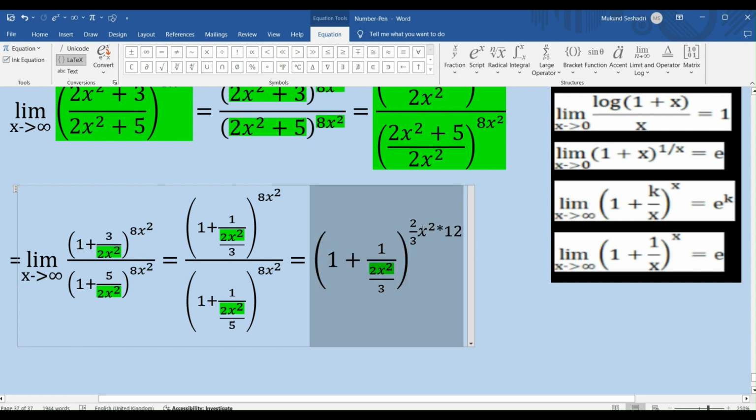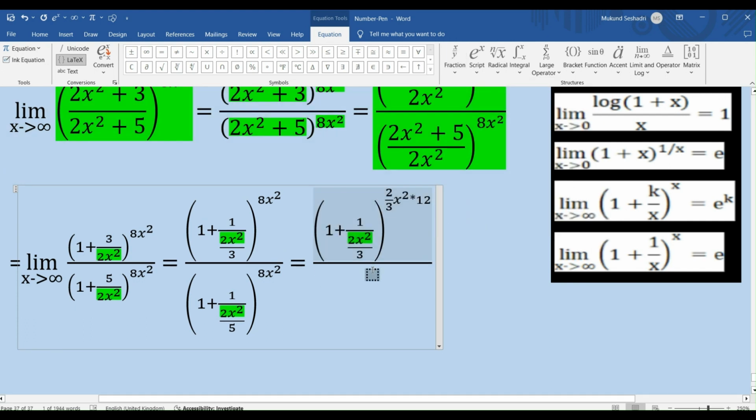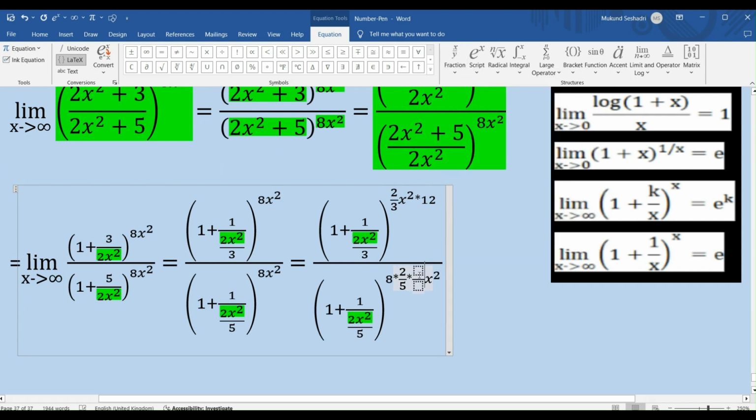Similarly, I do a very similar thing to the denominator, and let's see what we get there. I do a 2x² by 5, which means very similar to what I did above: I multiplied by 2 by 5, and again multiplied by 5 by 2.